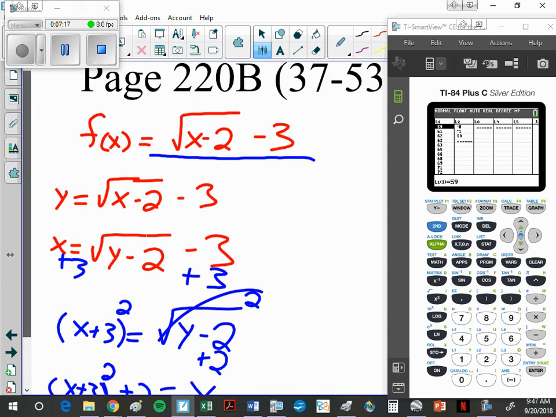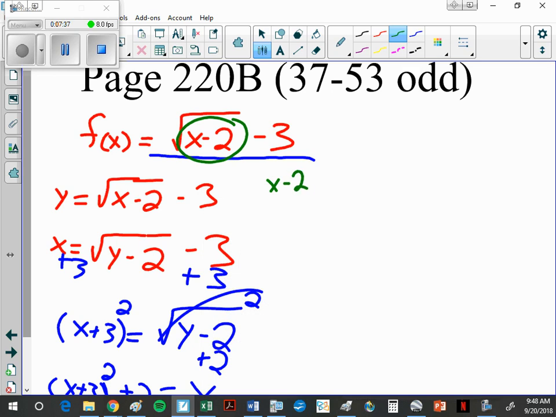So let's go back up to the original. What is the domain of f of x? Are there any numbers I'm not allowed to plug in? Well, this has to be greater than or equal to 0. So x minus 2 has to be bigger than or equal to 0, so x must be greater than or equal to 2. Just out of curiosity, what does the square root graph look like?